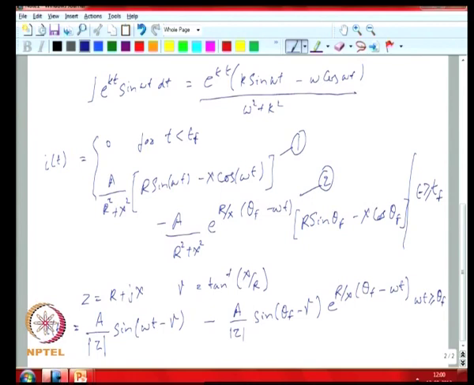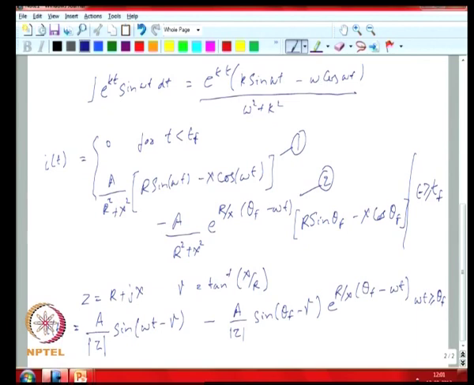So, the initial conditions cause transients and the transients die away. In this case, the transient is not being caused by initial conditions, it is being caused by the sudden application of a sinusoid. When we talk about a sinusoid, it is occurring from minus infinity to infinity for all time, whereas here you have a sinusoid which is getting applied at theta f, that introduces a transient term.